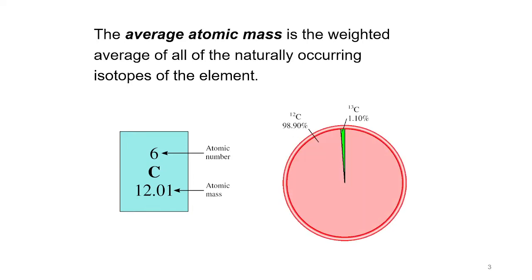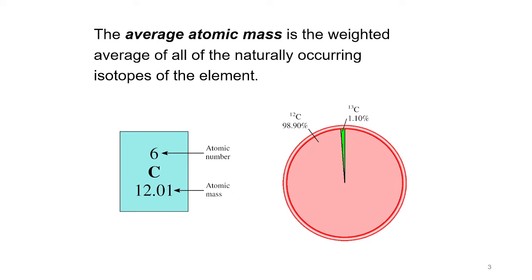For this example, for naturally occurring carbon, 98.90% are carbon 12, and 1.10% are carbon 13. So using weighted average, let's look into how we compute for that.